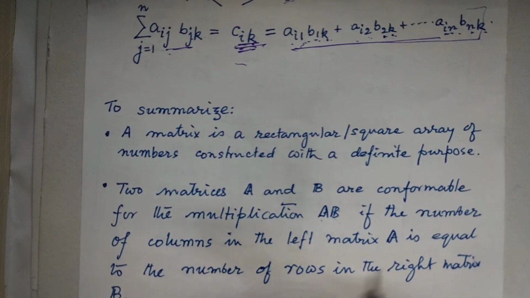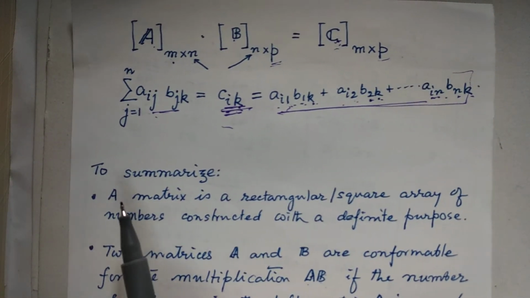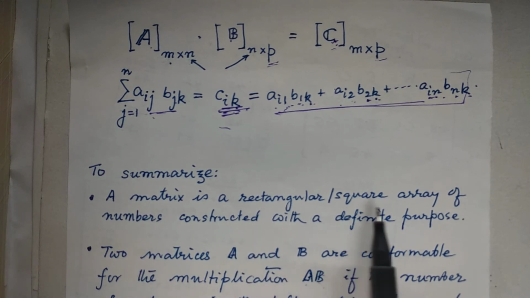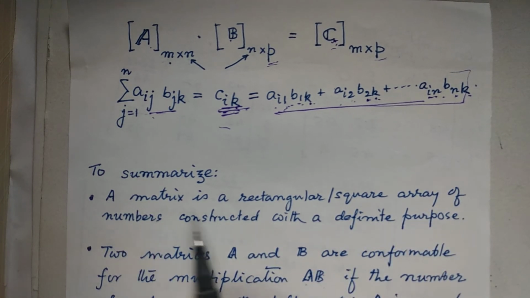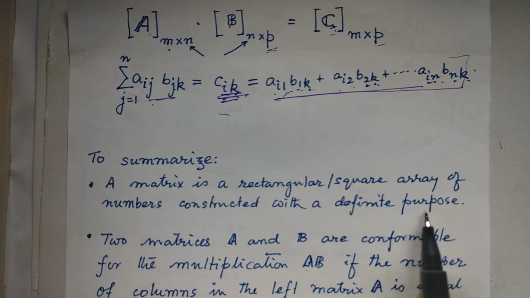So let us summarize. A matrix is a rectangular or square array of numbers constructed with a definite purpose in view.